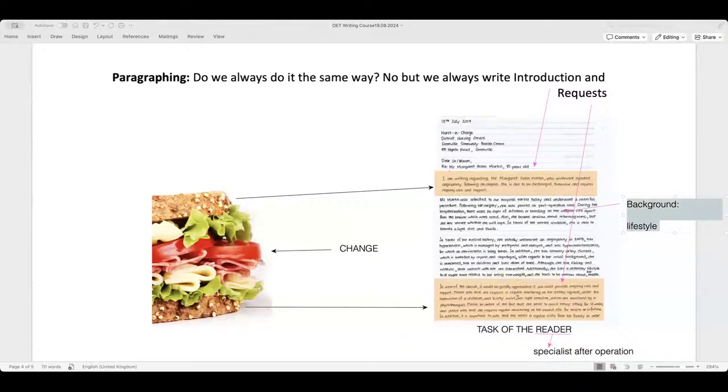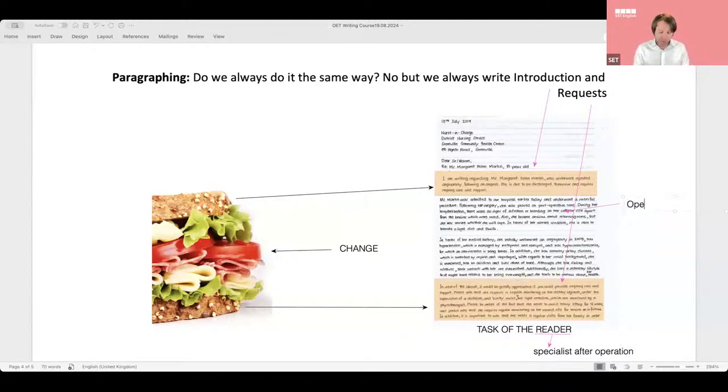Timeline. Maybe something like what we call a timeline, and I'll explain what that means in this video, but maybe we're going to talk about the operation, right? Yes. The dates of the operation, the treatment, right? The treatment. Okay, so that's the basic idea of the OET sandwich. Does this make sense? Does anyone have any quick questions?